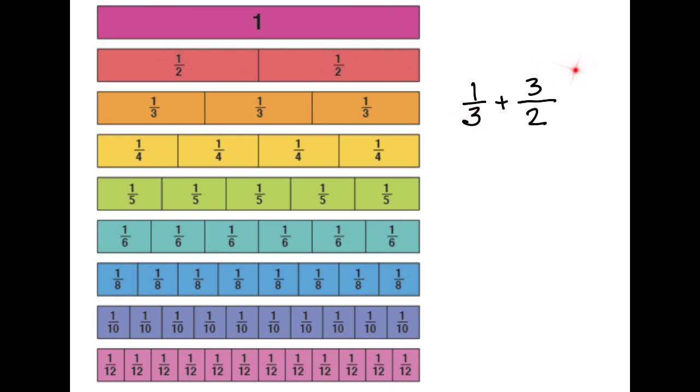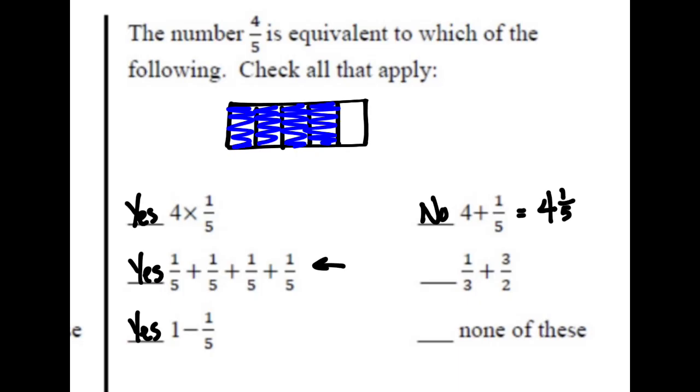So it's this long. It's not equal to 4/5, which is just this part, right? So this one is also no. So I'm going to write in here, not the same.